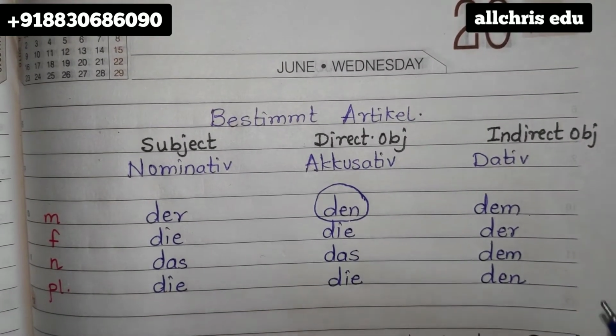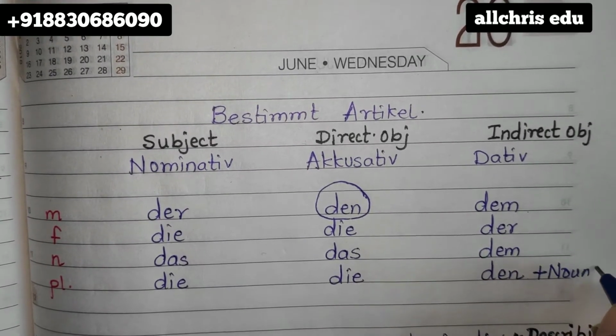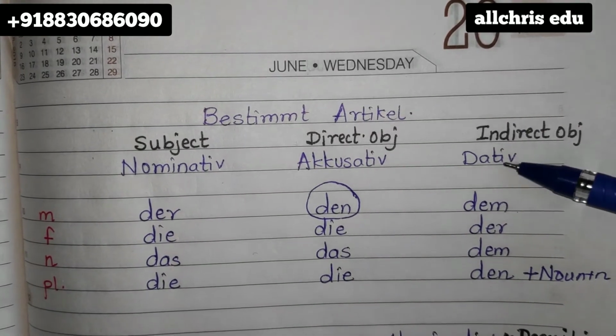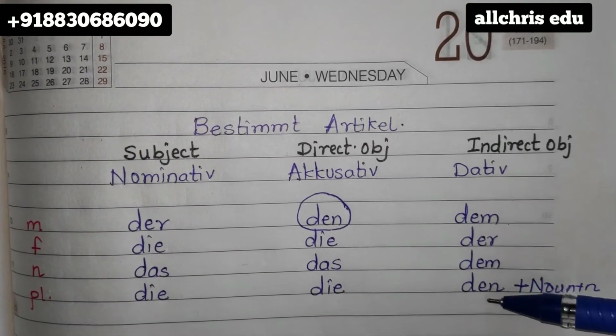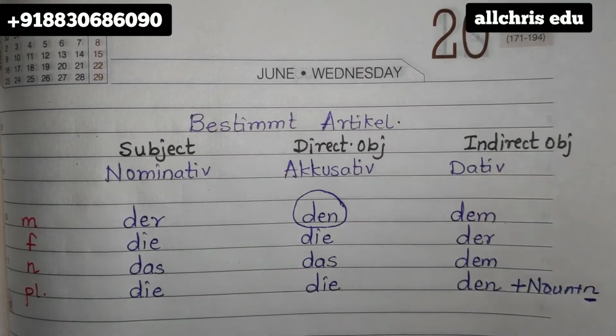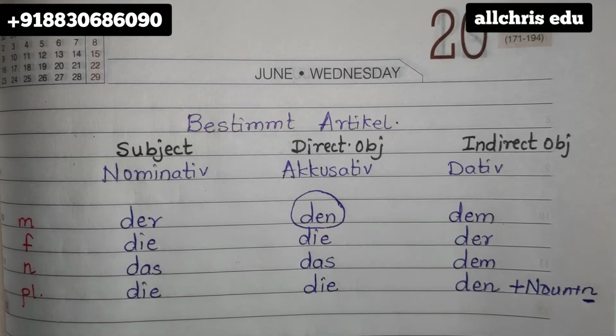And also, we are supposed to add one more important concept. After writing the article for dative plural, it is very important to add N at the end of the noun. Now, one by one, we'll check out.